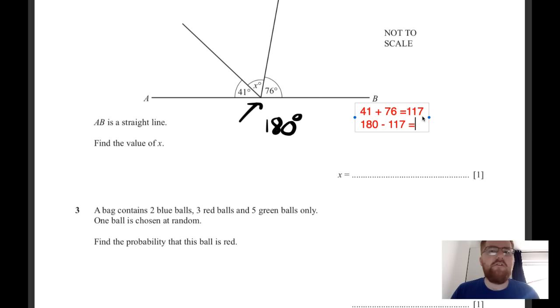Be careful with your number bonds here. The answer will not be 73, but of course 63 degrees. So your answer there is 63 degrees. Just make sure you do the addition and subtraction carefully. It's 1 mark, a fairly straightforward mark to get.